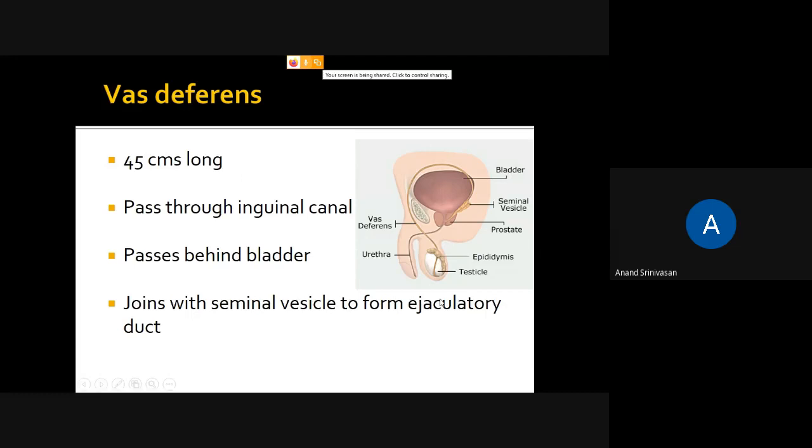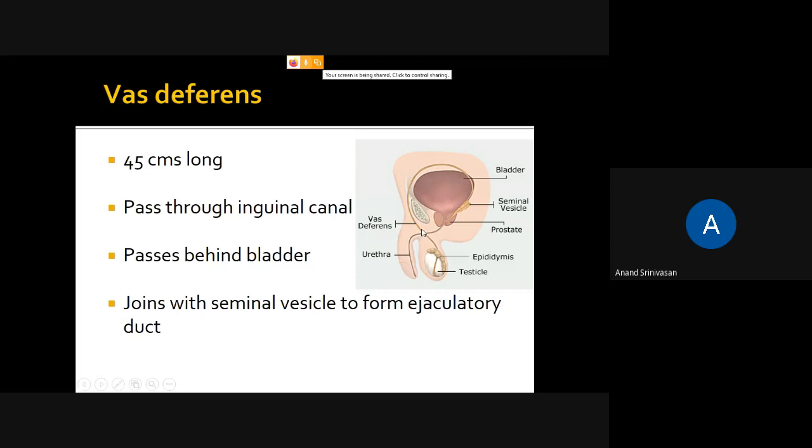Once again, the sperm which is produced in the testis goes through the head, body, and tail of the epididymis, and then into the vas deferens.